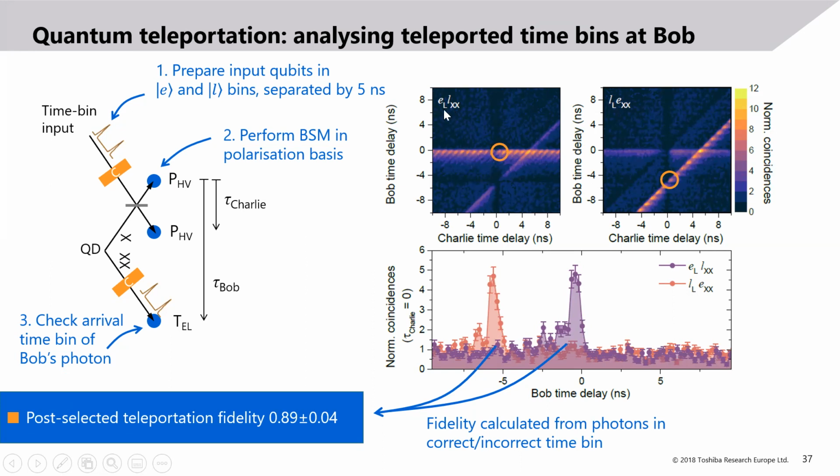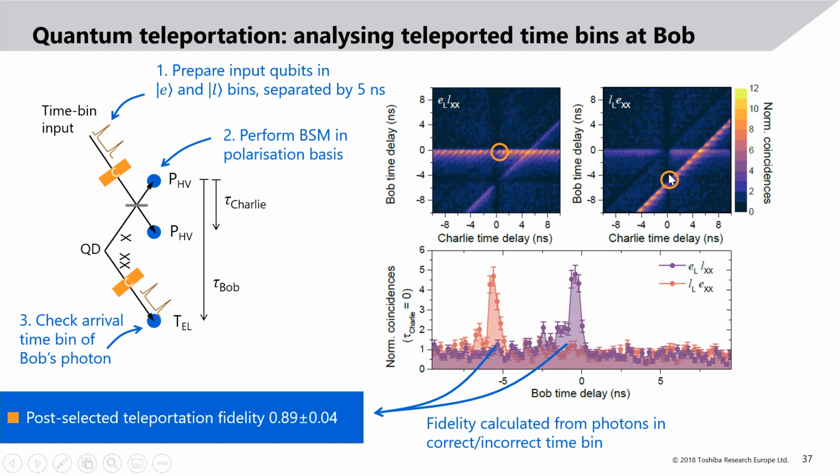And I'll draw your eye here to what happens at 0 delay. So if we send in an early laser pulse, we get a pulse out at 0 delay. If we send in a late laser pulse, then instead of getting the pulse at 0, we get it at -5 nanoseconds delay at Bob, so that means the teleporter has converted an early laser photon to a late biaxial photon and a late laser photon to an early biaxial photon.